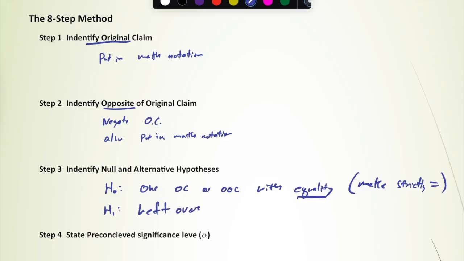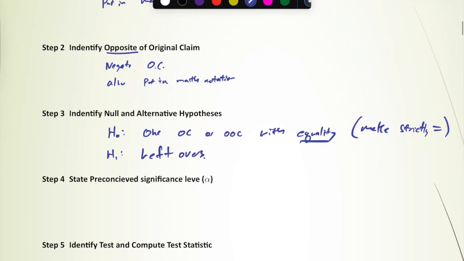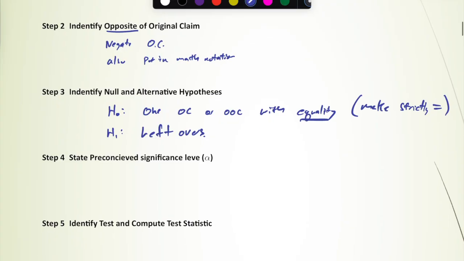All right, so whichever one did not get used for the null hypothesis, either the OC or the OOC, that becomes the alternative hypothesis. Okay, then you need to state the preconceived significance level, and the default value there is 0.05. So that means we default to 95% confidence.